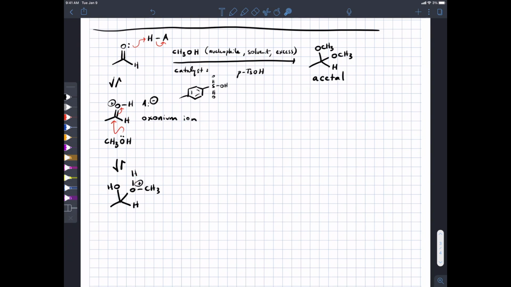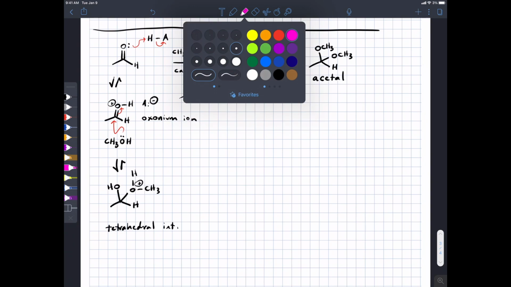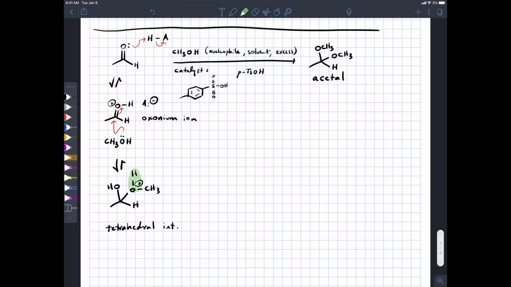All right. Now what do we do when we get a tetrahedral intermediate? We ask, are there any good leaving groups? Good enough for what used to be the carbonyl oxygen to kick them off. So here is our familiar tetrahedral intermediate. And as we look at it, we can see that yes, actually there is a good leaving group.